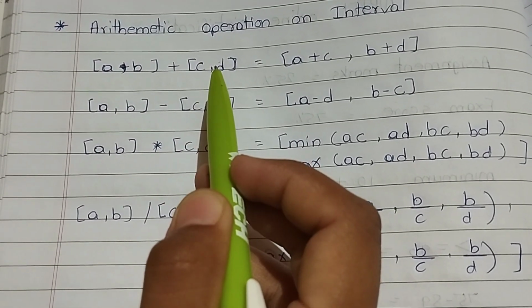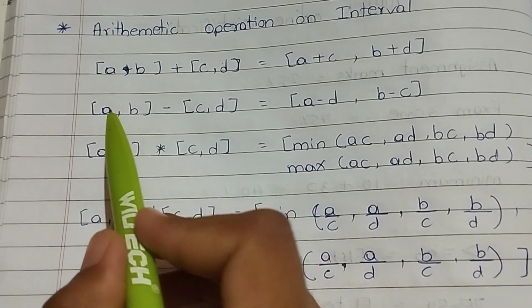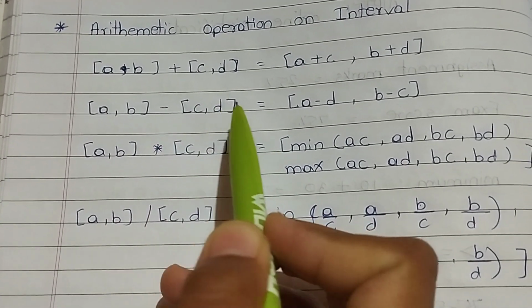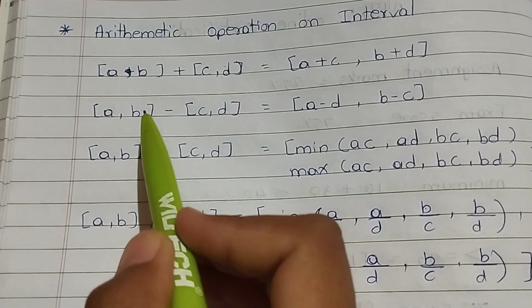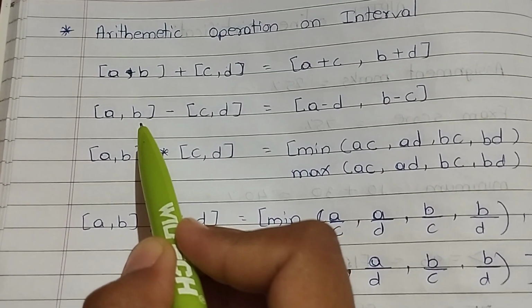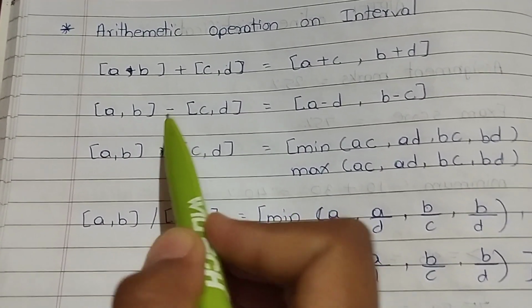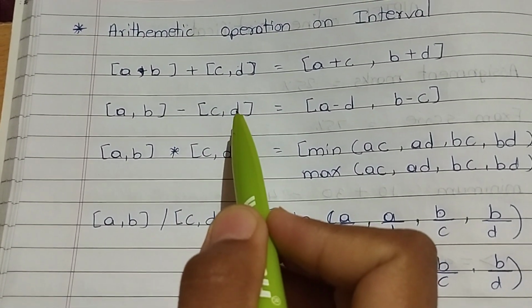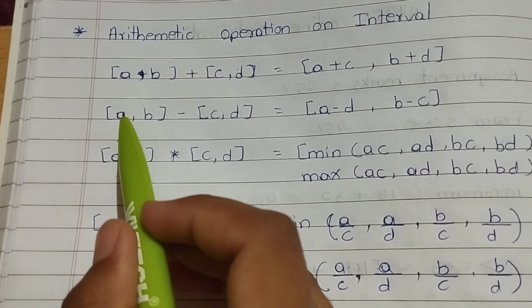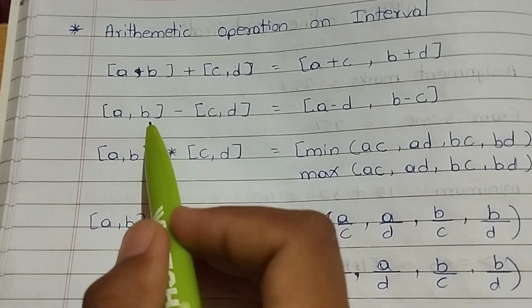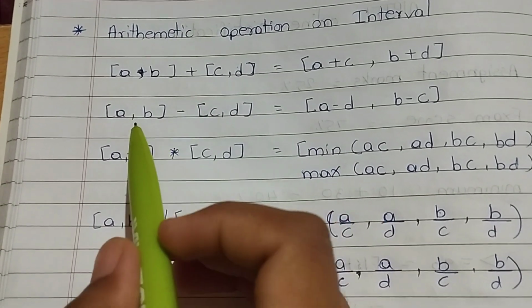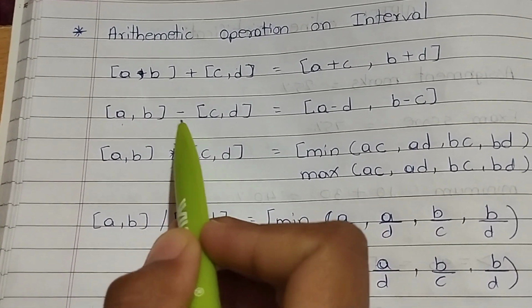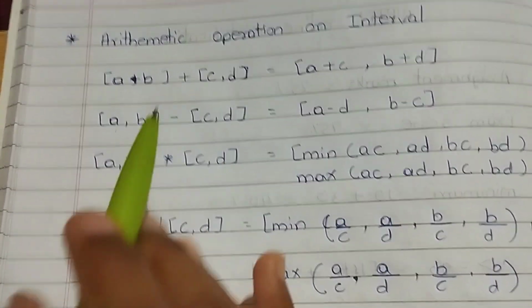Here it is the opposite: the first component is subtracted from the second component of the other interval, and the second component of the first interval is subtracted by the first component of the other interval. So a minus d, b minus c, that's it.